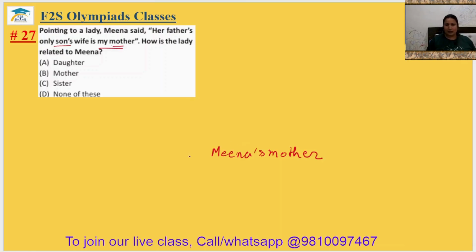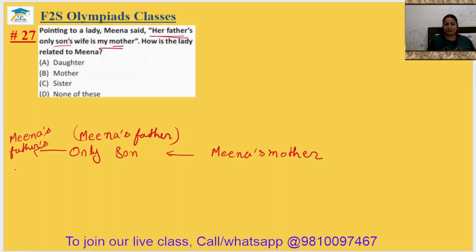So it means the only son is Meena's father. Mother's husband is Meena's father. Now, her father's only son. It means there is a lady in the picture who is Meena's father's sister.